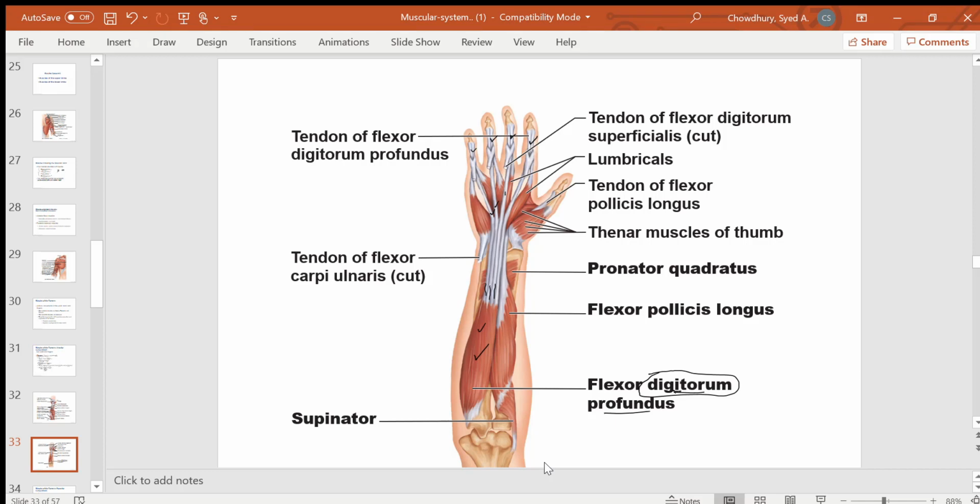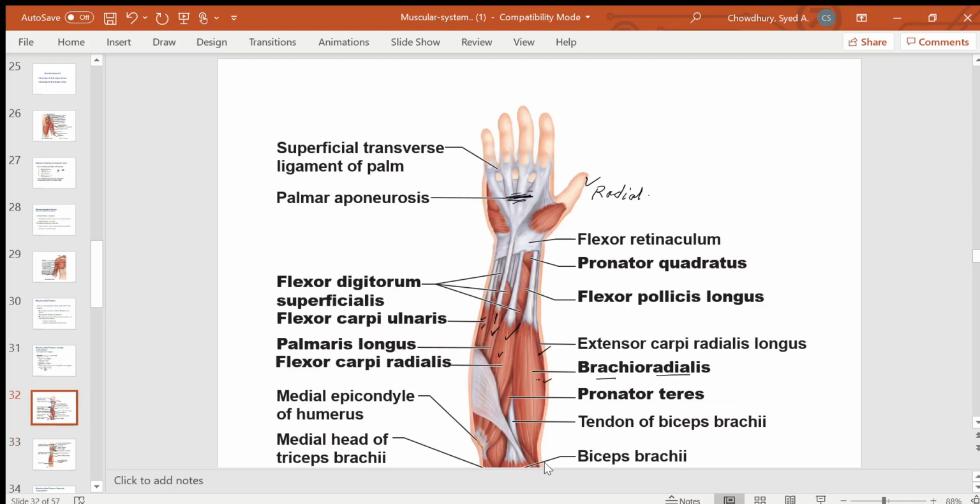Now there are two. Remember, one is called superficialis and another is profundus. This is the deep one. The superficial one is in the last picture here, flexor digitorum superficialis. This one underneath here. And this muscle also goes to the digits or fingers.